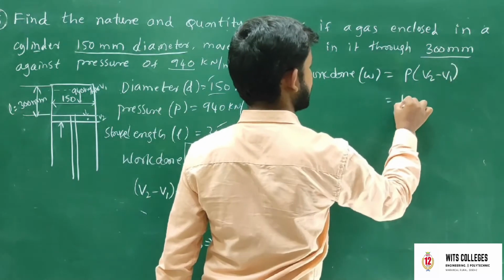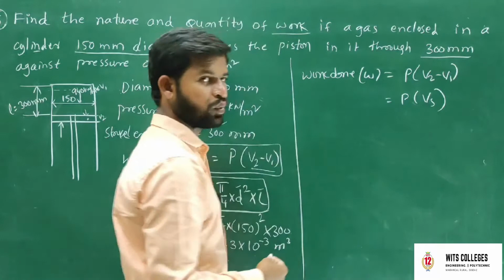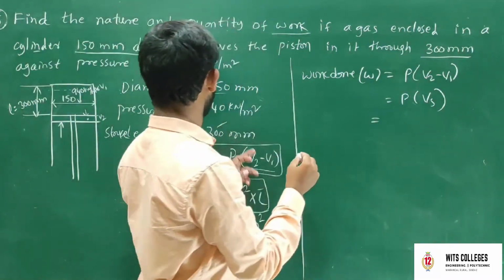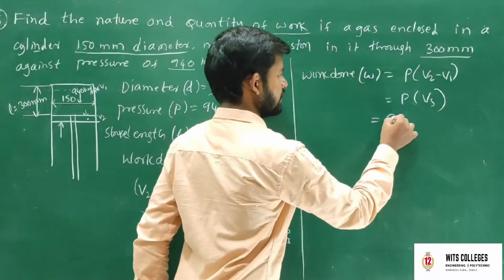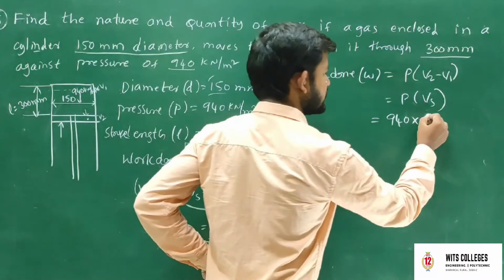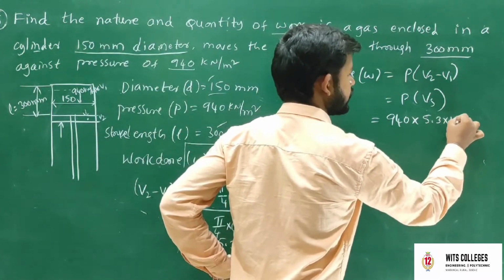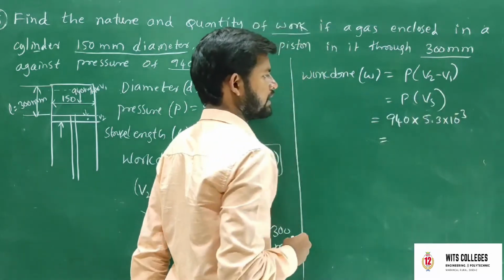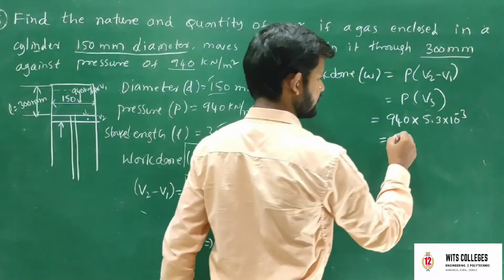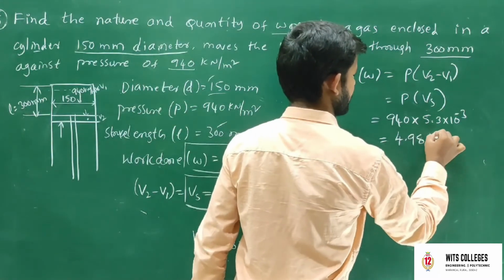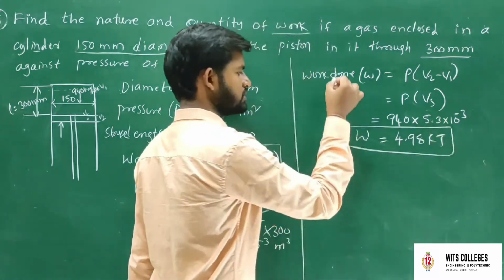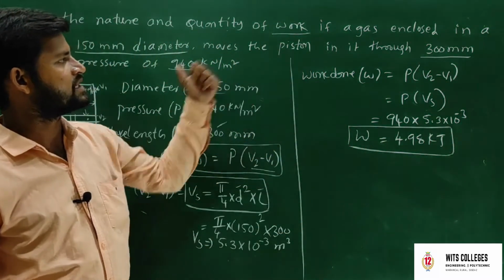In this case, it is P times the stroke volume, Vs. The P value is 940 kN/m² and the Vs value is 5.3 × 10^-3. Obtaining this value in the calculator, 9.48 kilojoules of work done will be obtained in this cylinder.